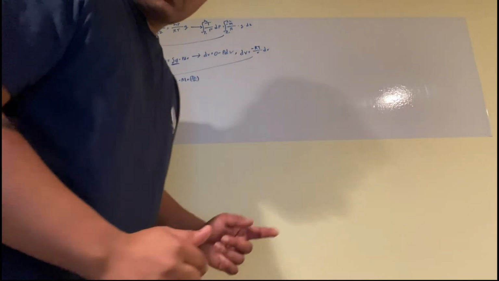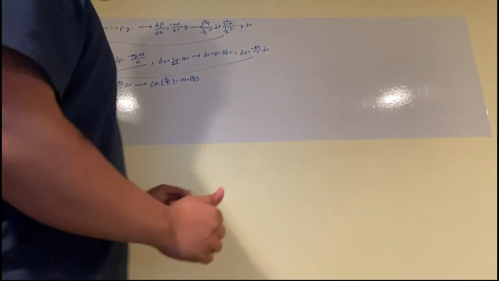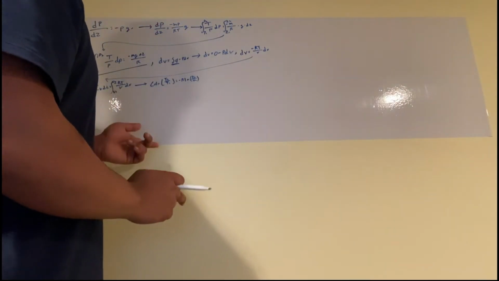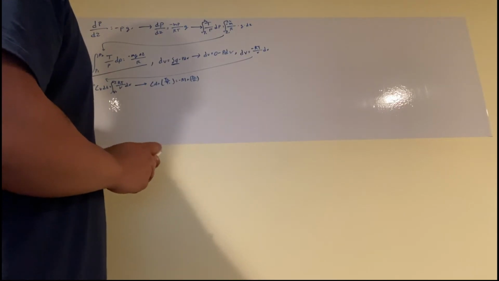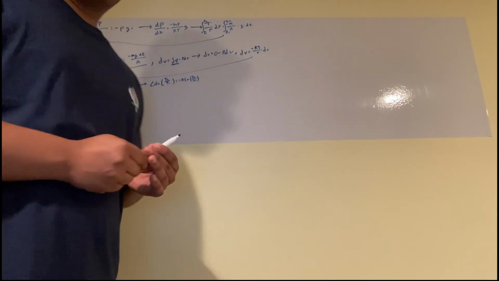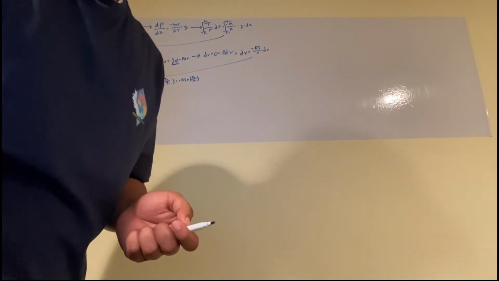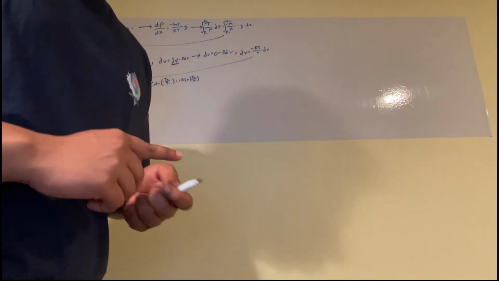So we're going to be using this equation to solve for the temperature and to get the pressure equation. And I'm going to clean up the board right now, and I'll be right back.